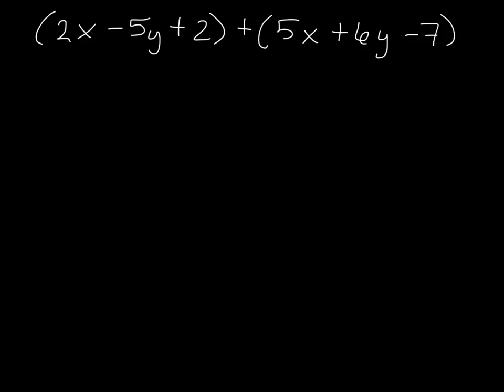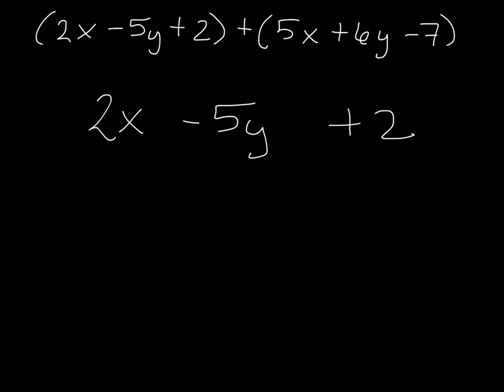Let's look at this one again. One of the other strategies and the other setup that we've seen is to take everything that's in the first polynomial and write it out. So we've got 2x minus 5y plus 2, and then we'll take everything from the second polynomial and line up the like terms underneath.